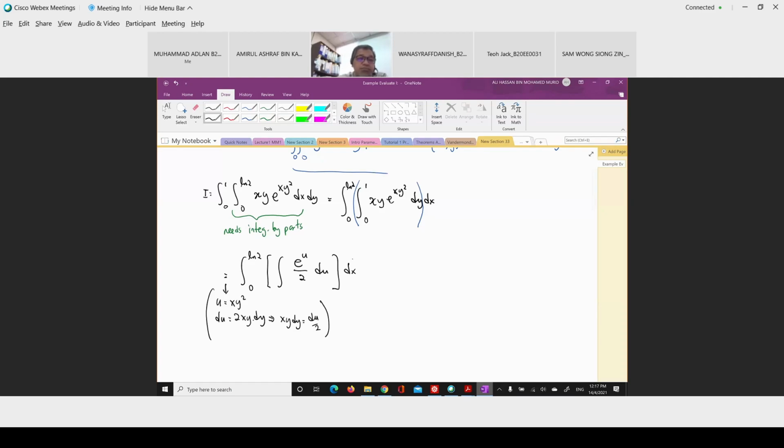When y equal to 0, we will get u equal to 0. When y equal to the upper limit 1, we will get u equal to x, right? U equal to x. So the inner integral has the limit 0 to x.